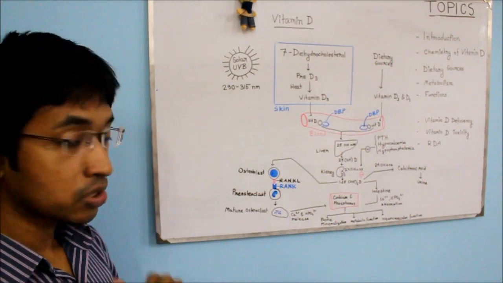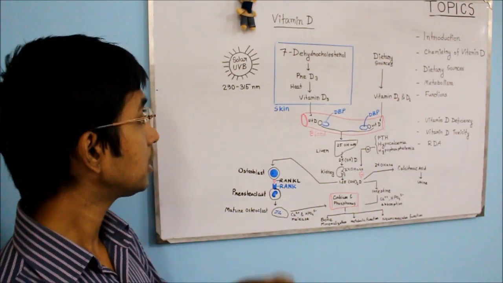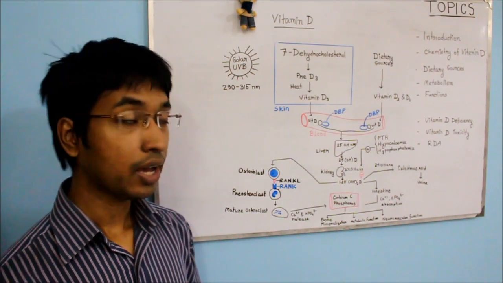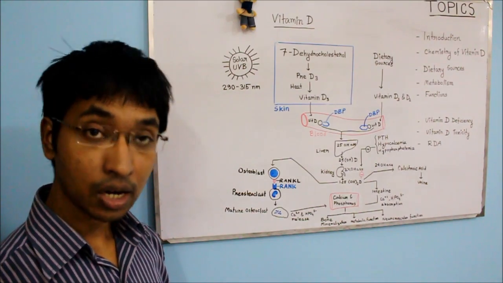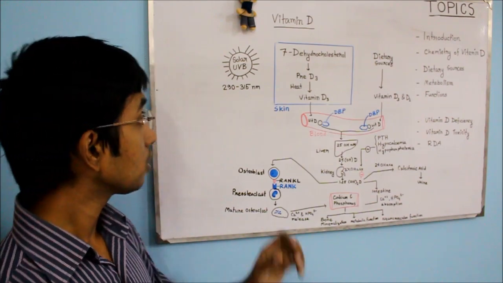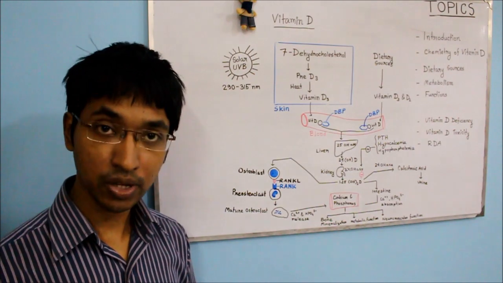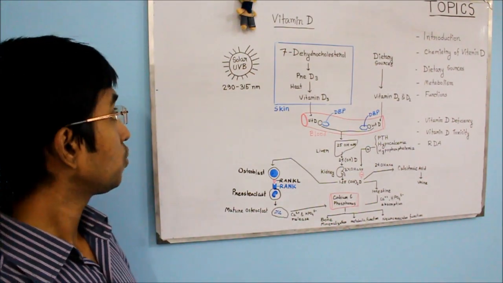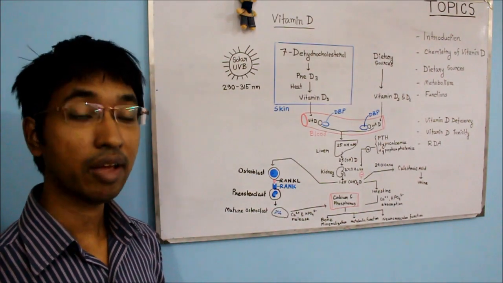Now, first let's talk about the endogenous source, and we have already mentioned that in the skin we have 7-dehydrocholesterol, and this substance, upon exposure of sunlight or any other artificial light that is containing ultraviolet B radiation, or if I want to be more specific, that is containing the ultraviolet radiation from the wavelength 290 to 315 nanometer.